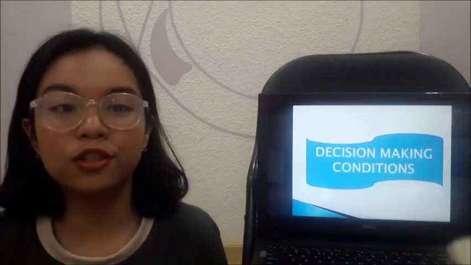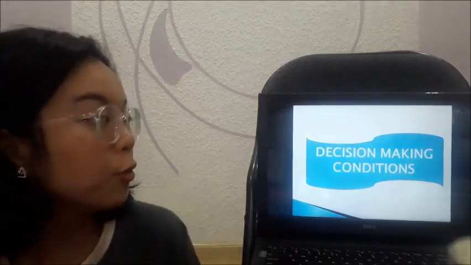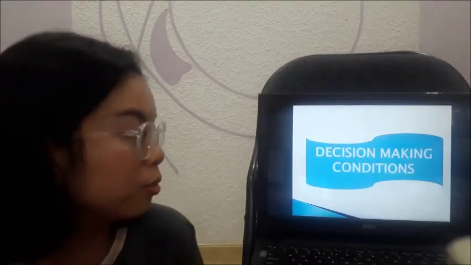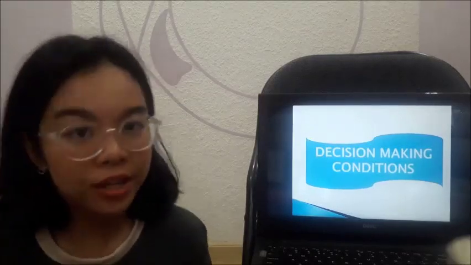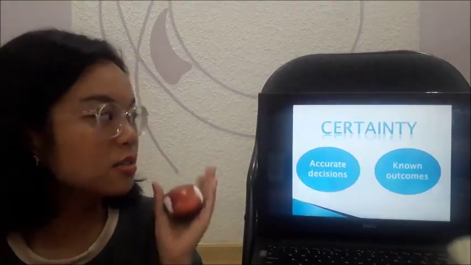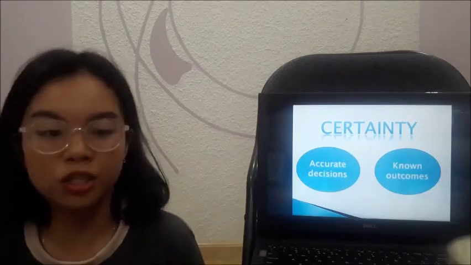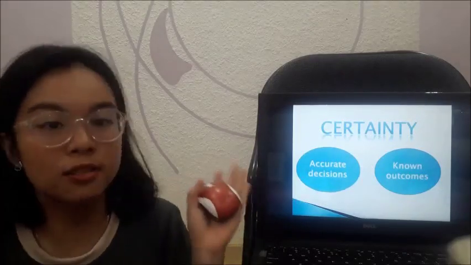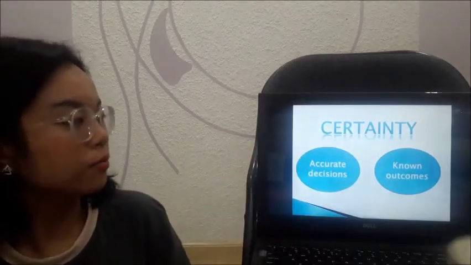So after learning about the different kinds of decisions, now we will find out about the decision-making conditions that a manager can use. First one is certainty. Certainty is a situation in which a manager can make accurate decisions because the outcomes are known.